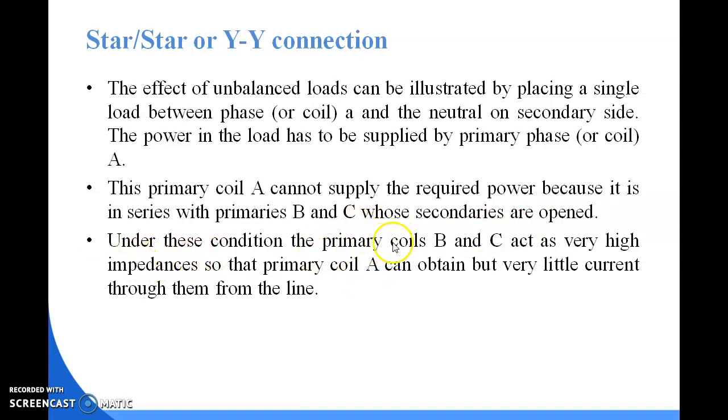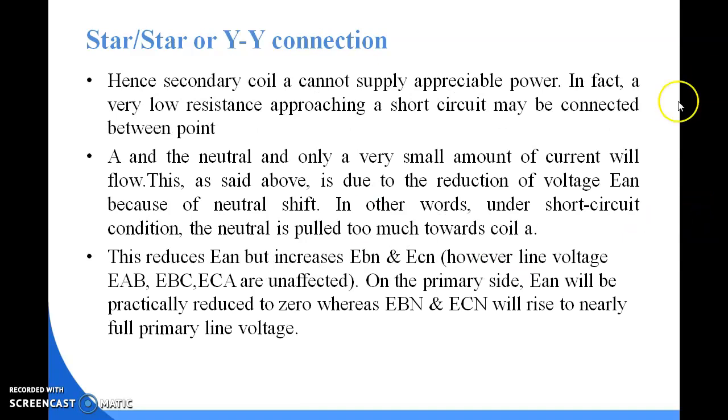Under this condition, the primary coils B and C act as very high impedance, so that primary coil A can obtain but very little current through them from the line. Hence, secondary coil A cannot supply appreciable power.